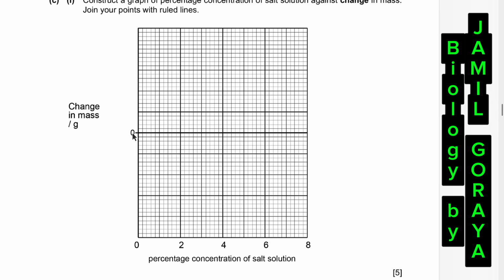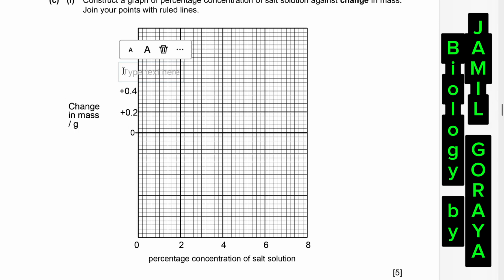0 is already given. So above 0 will be positive values. So it is positive 0.2. Here it will be positive 0.4.